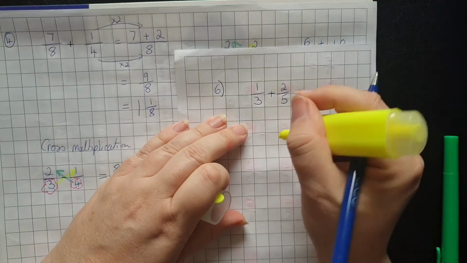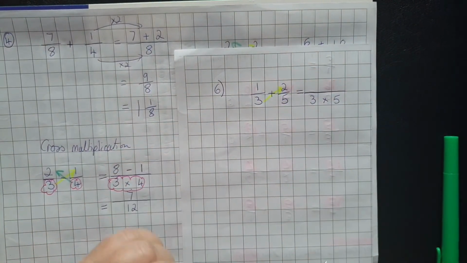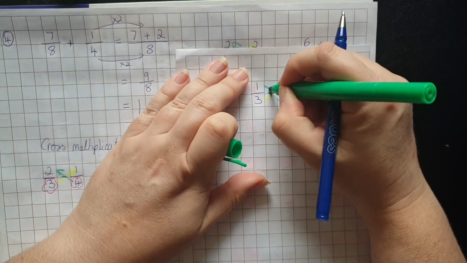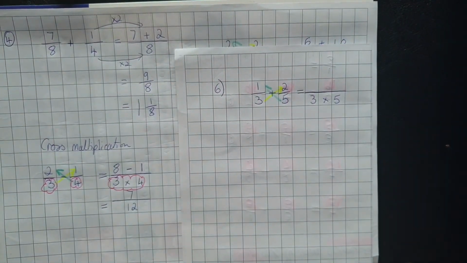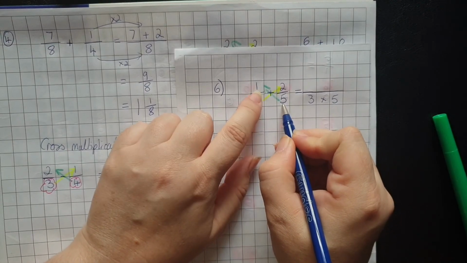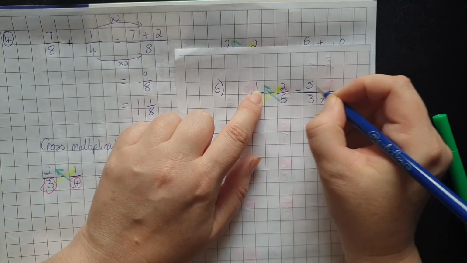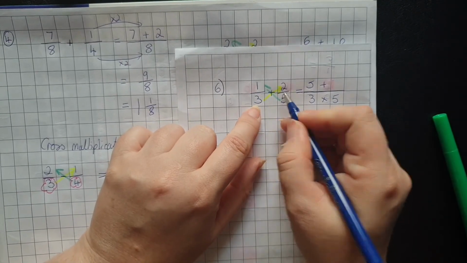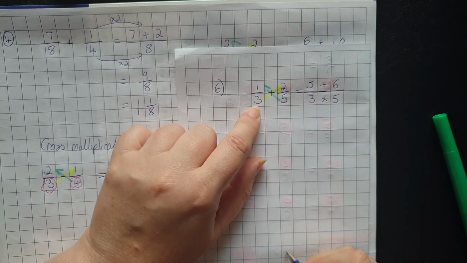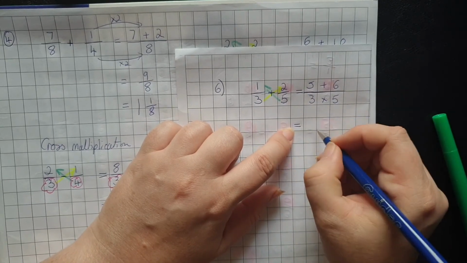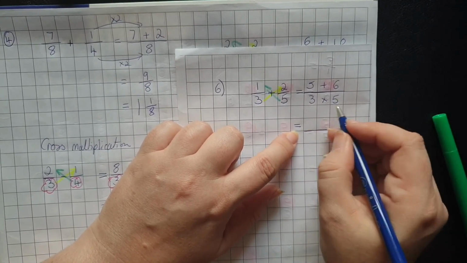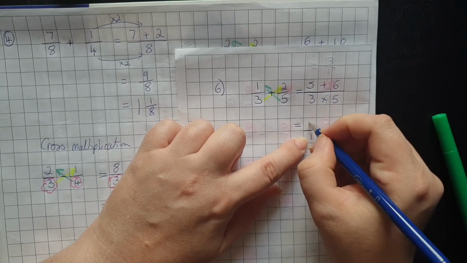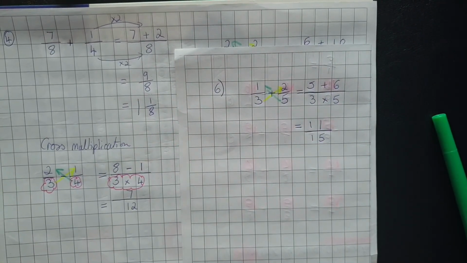We then cross multiply to find our new numerators. 5 times 1 is 5. We are adding. 3 times 2 is 6. Will give us 3 times 5 is 15. 5 plus 6 is 11. 11/15.